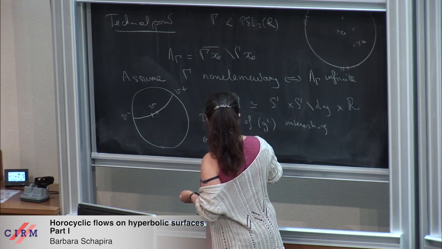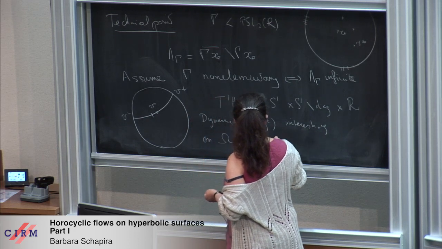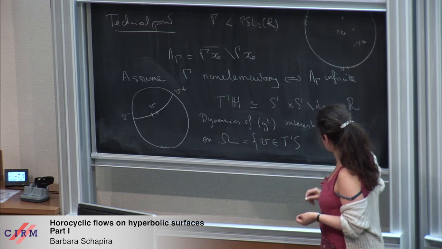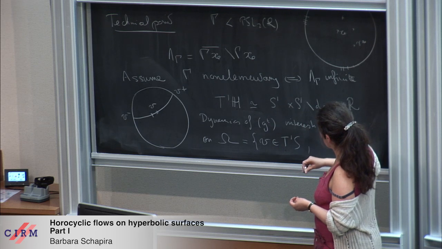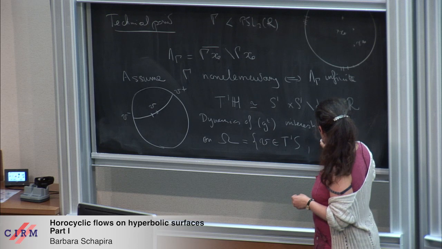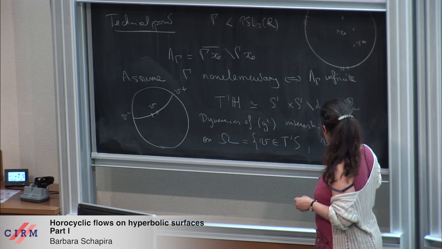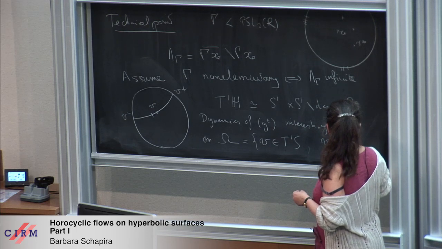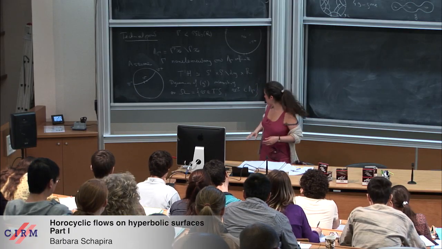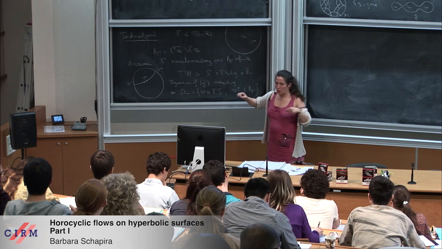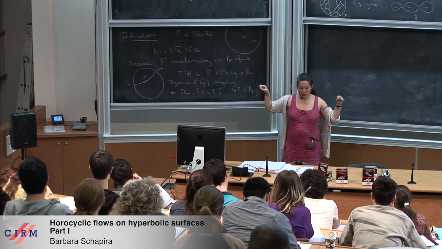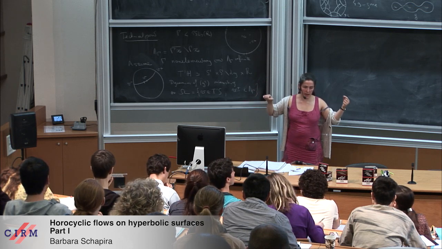And the non-wandering set is exactly the set of vectors on the unit tangent bundle of the surface which have a lift on the unit tangent bundle of the hyperbolic plane such that v plus and v minus are in the limit set. The limit set carries a lot of information, and you have to restrict the study to the vectors which point inside the limit set, positively and negatively.